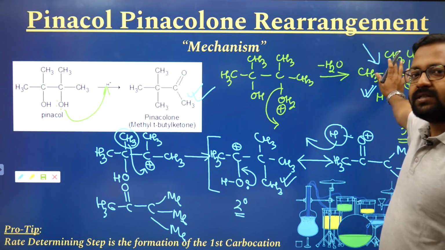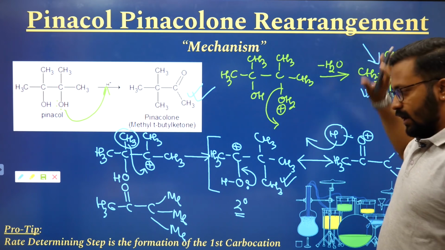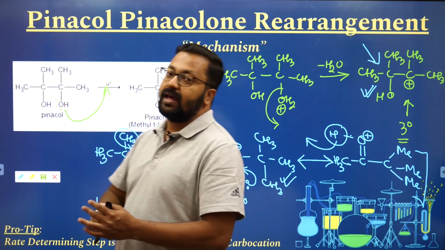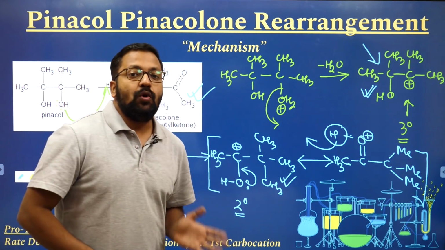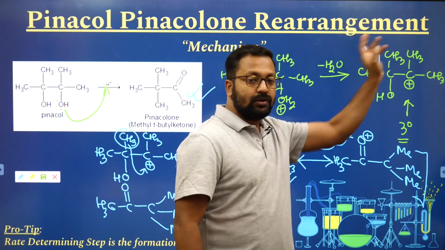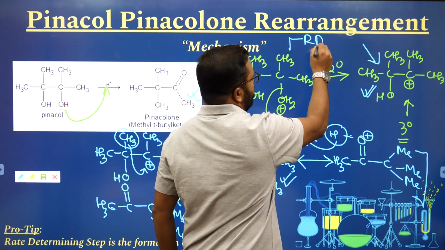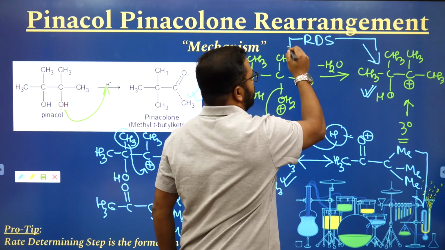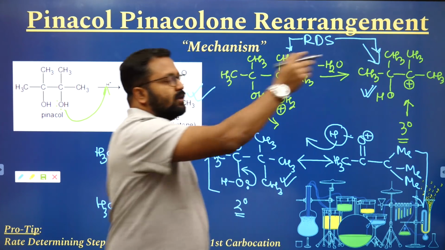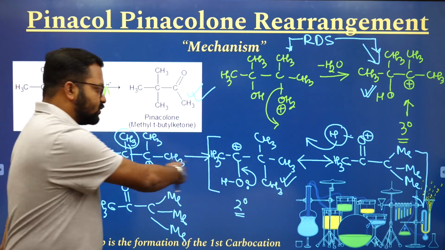This is the very first carbocation which is formed. The formation step of this carbocation will decide the outcome of the reaction. So this is the RDS. This is the rate determining step of the reaction. ये conversion जो है, that is the rate determining step of the reaction, not this one.